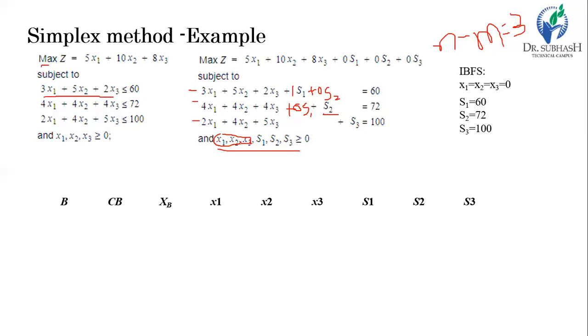So here x1, x2, x3 are the non-basic variables at this iteration, and s1, s2, s3 are the basic variables. We will start iterating the problem here with s1, s2 and s3.